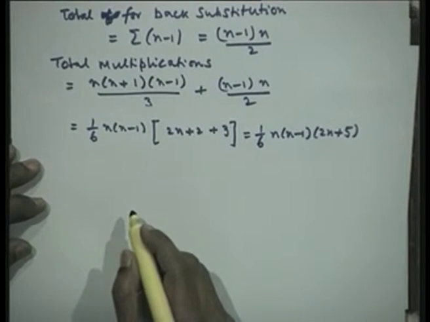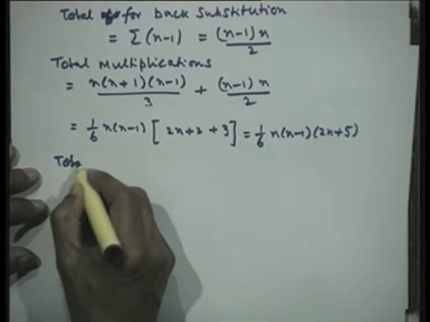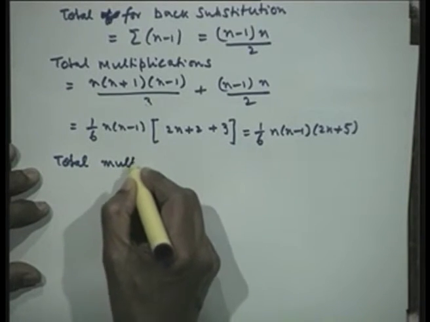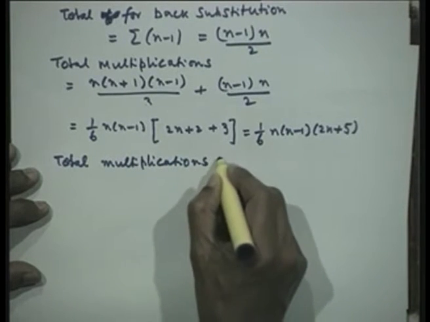Therefore, the total count of the major operations, normally operational count would imply the total number of multiplications and divisions. The reason being that the time that is taken for subtraction or addition is a much smaller factor compared to the multiplication and division. So, let us take what is the total multiplications and the divisions.